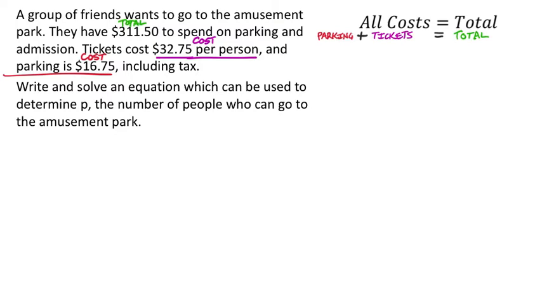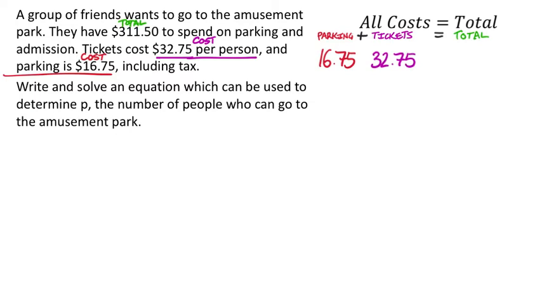So again, this is how it's going to set up. Do we know these values? Yeah, sure we do. It says right there in red that we've underlined that the parking will cost $16.75. The tickets are going to cost $32.75 for every person. We just don't know how many people are going.